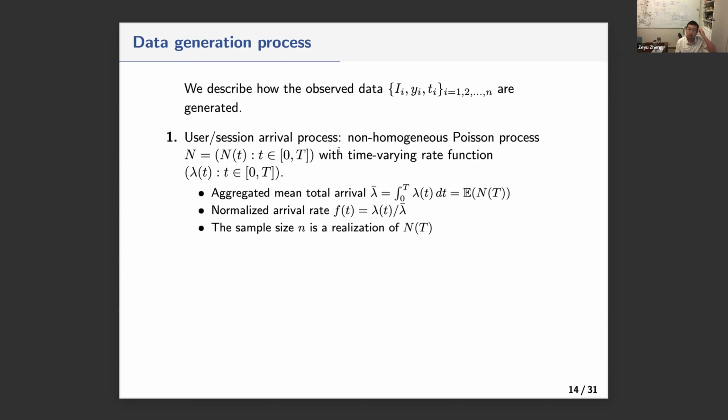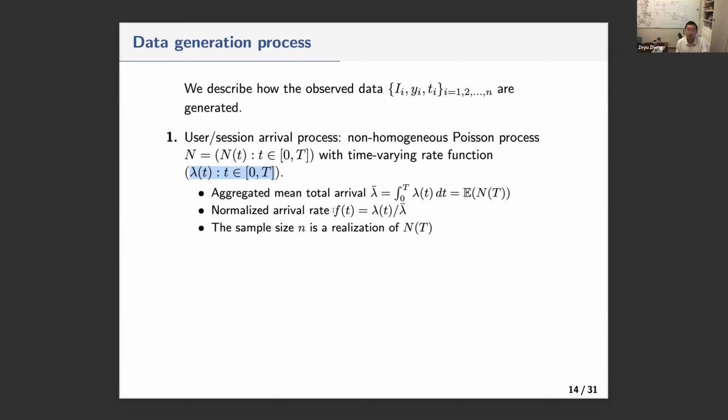Here, for example, we need to describe the customer or user arrival process. Let's say we presume it's a non-homogeneous Poisson process with a time-varying arrival rate function. Essentially, the process doesn't need to be Poisson but can be extended to other models. It's more to denote the time dependency in how frequently users arrive at different times of the day.